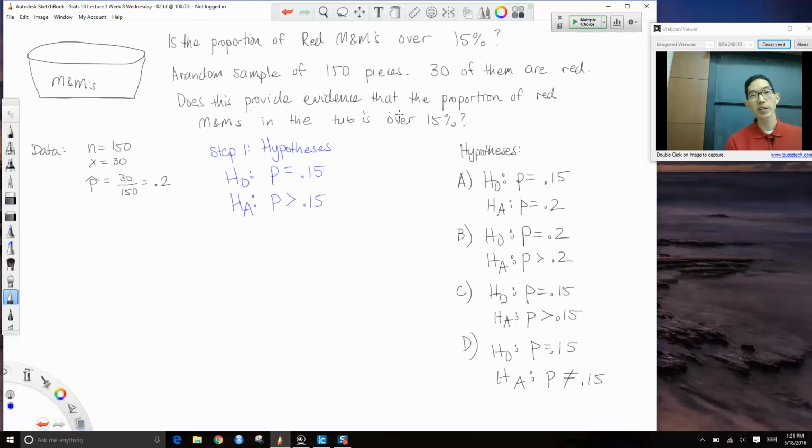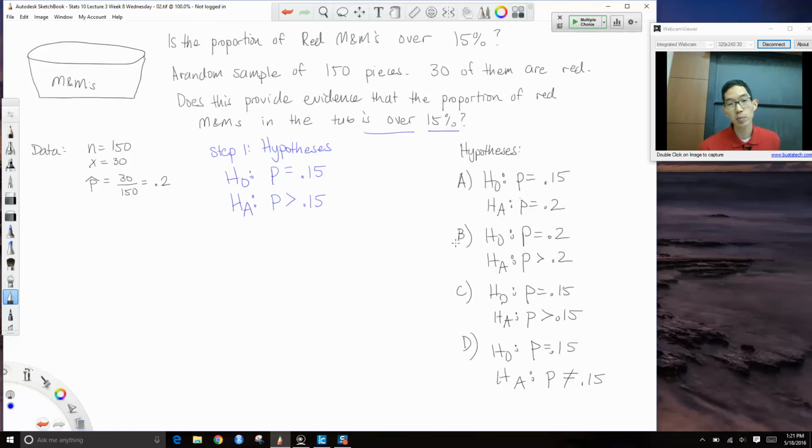Does this provide evidence that the proportion of red M&Ms in the tub is over 15%? So the fact that it says over indicates that our alternative will have a greater than sign, okay? And we want to know, does our data provide evidence that the tub is more than 15%, okay?